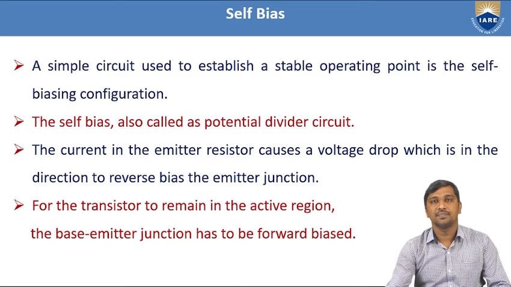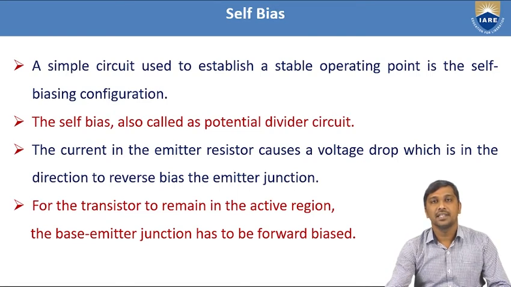For this case, we discussed three different biasing methods: fixed bias, collector to base bias, and collector to base with emitter resistance. If we consider collector to base with emitter resistance, if the collector current changes, the emitter current also changes.